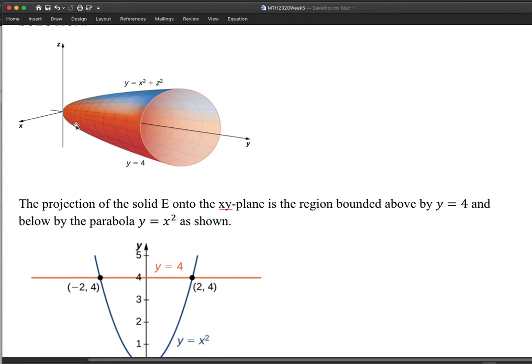So if we look at the integral in terms of y first, those two squares would turn to be the lower bound, and 4 is the upper bound.